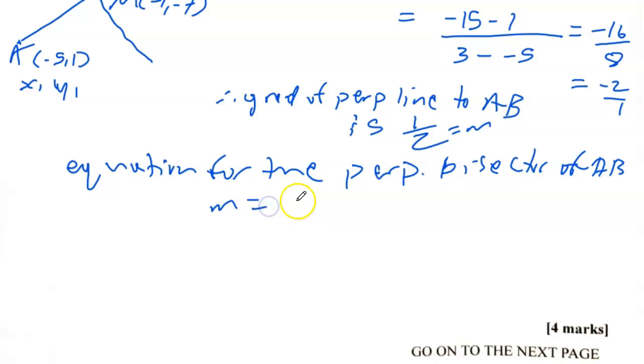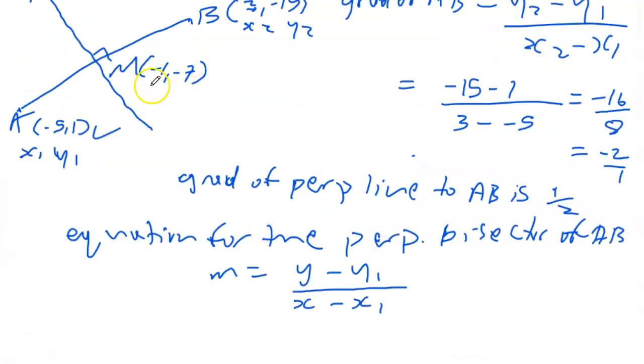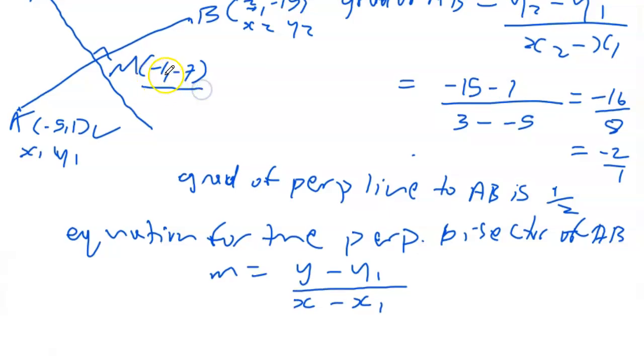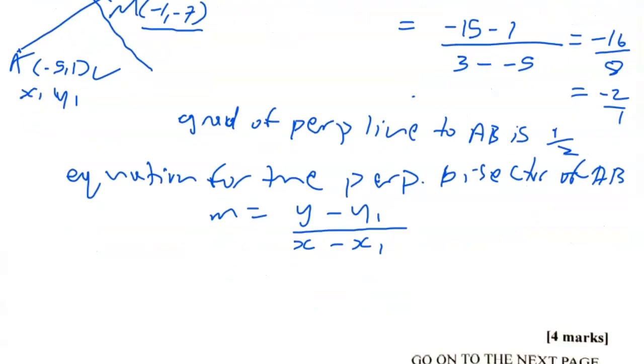m equals y minus y1 over x minus x1. We're going to use the point that the line passes through, which is the midpoint, minus 1, minus 7. So m, that's half.